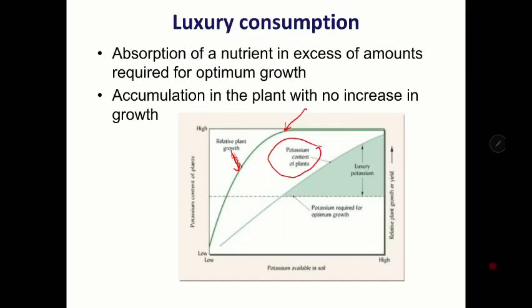So it increases beyond the point where maximum yield is reached, and that's this point here. Beyond that, you can see this luxury consumption of potassium, where the plant continued to take it up, but the yield didn't increase any further.